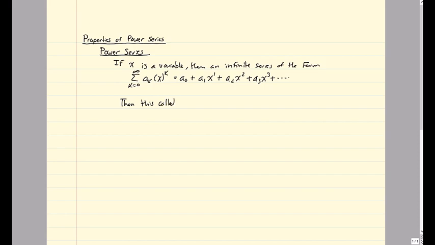Now there are some particular characteristics about a power series. First of all, we always want to know how a power series is centered. This particular series is centered at 0, meaning that's where we're trying to make our best estimate. We could look at an example, like we did for the other section.